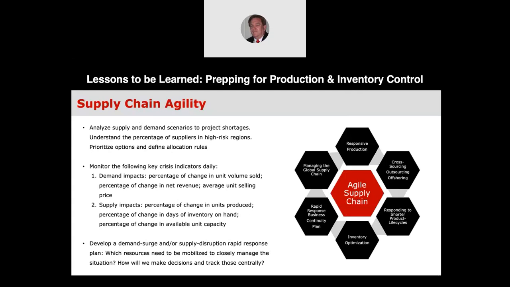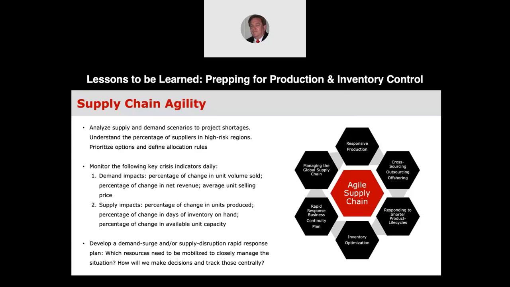So for supply chain agility, you analyze your supply and demand scenarios to project product shortages, understand the percentage of suppliers that are in high-risk regions, prioritize options, and define allocation rules. Monitor the following crisis indicators: demand impact and supply impact.